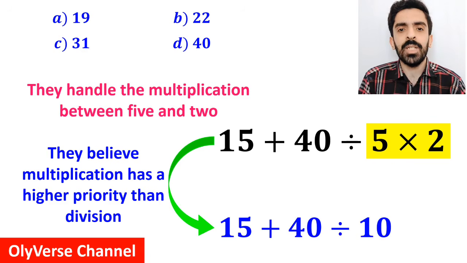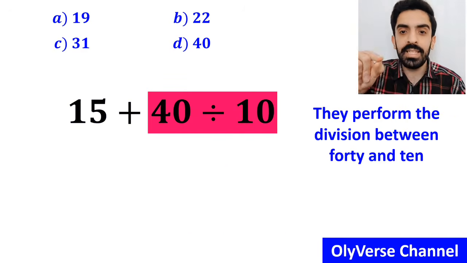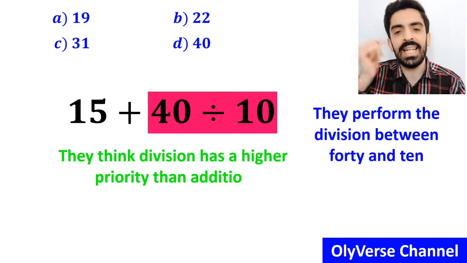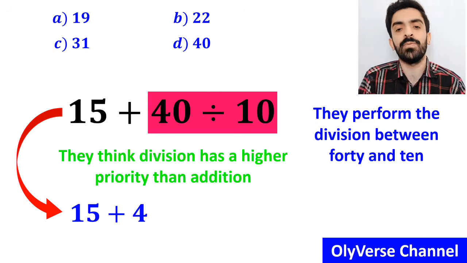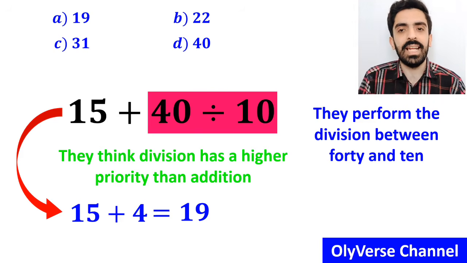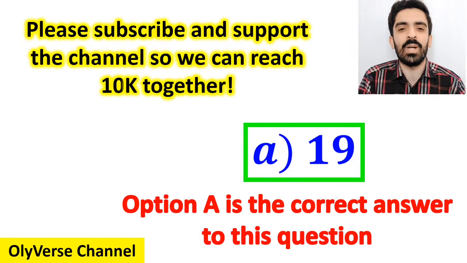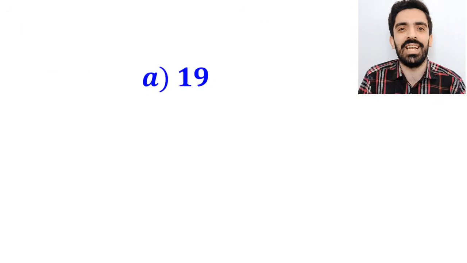So, they write this expression as 15 + 40 ÷ 10. In the final step, they perform the division between 40 and 10 because they think division has a higher priority than addition. So, they simplify this expression to 15 + 4, which ultimately gives them the answer 19. And immediately, they conclude that option A is the correct answer to this question. But I have to say, they are wrong too, and it's not the correct answer.